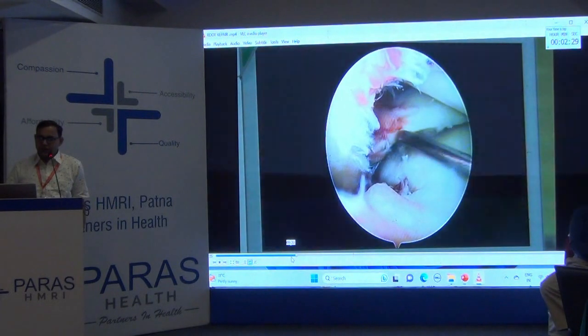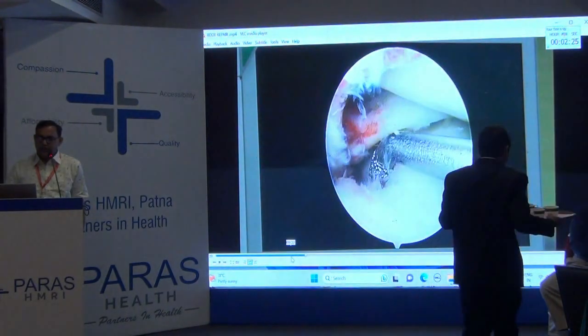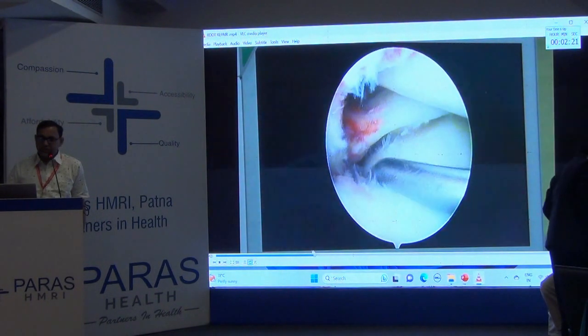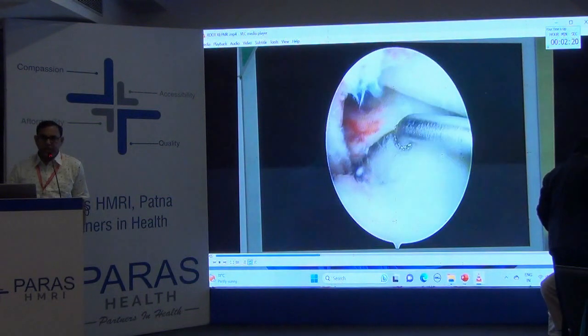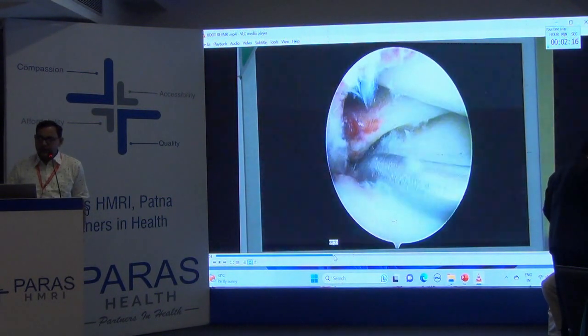Then after that we can see where the meniscus can be seated. Freshening of the bed is very important, because if you don't freshen it, it leads to failure and improper healing.